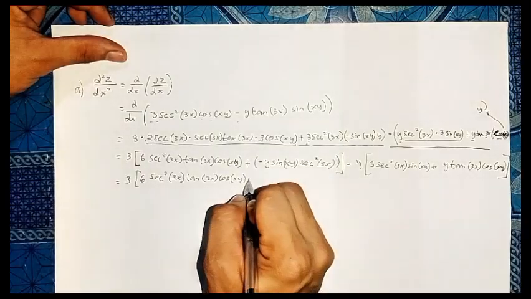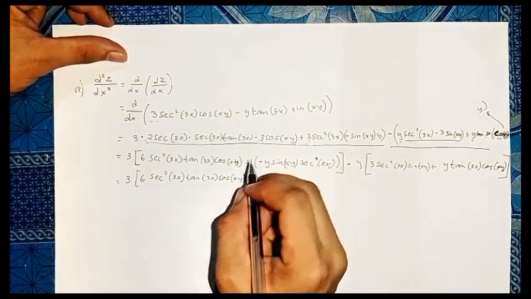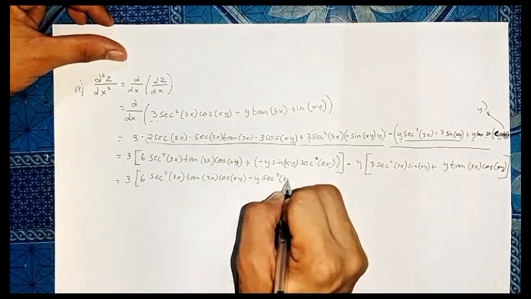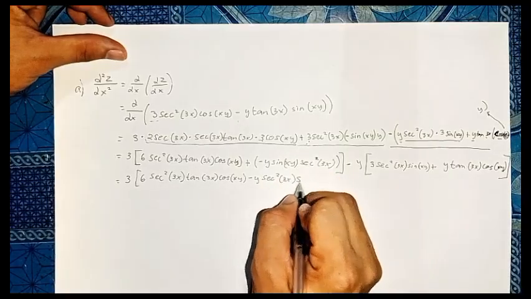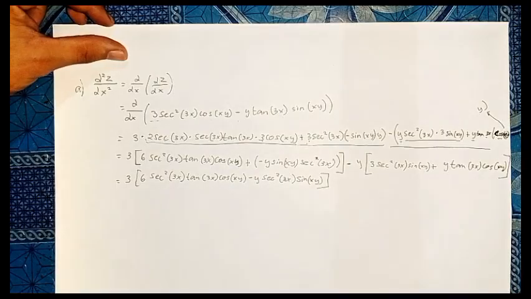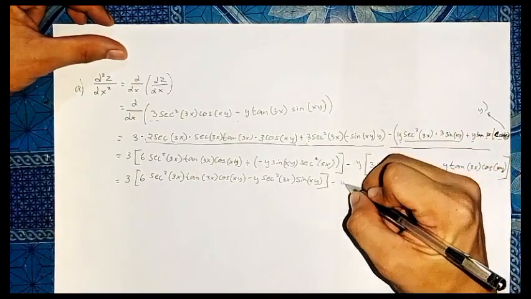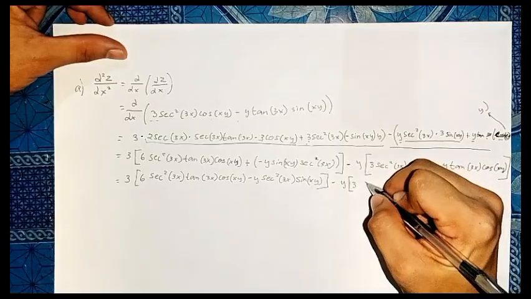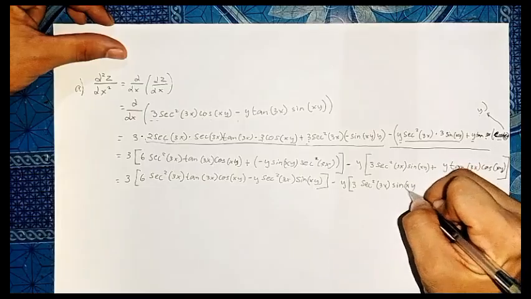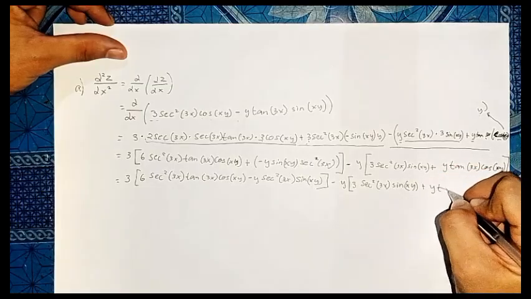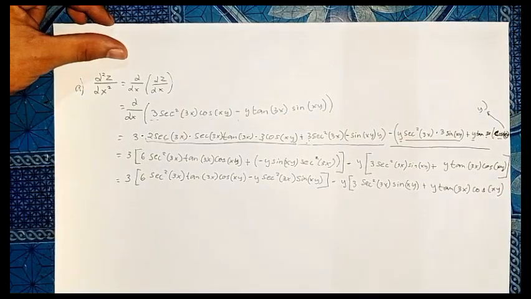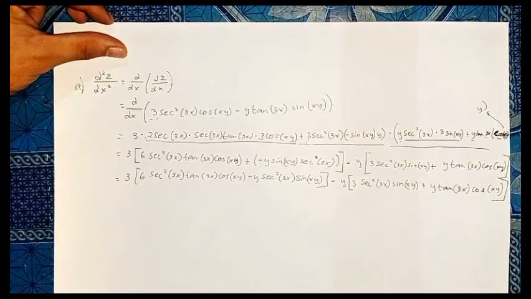Positive times negative, we have negative y secant squared 3x sine xy. Then, we have negative y 3 secant squared 3x sine xy plus y tan 3x cosine xy. There, clearer.